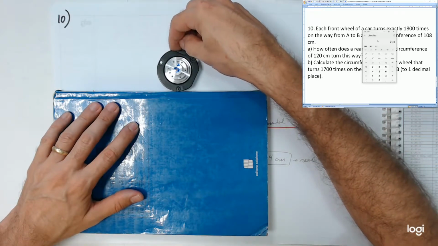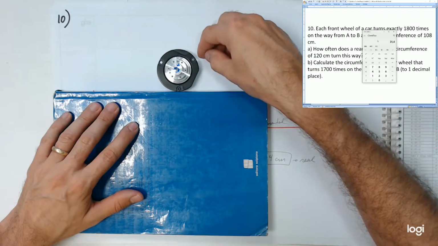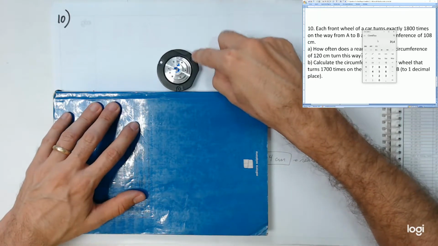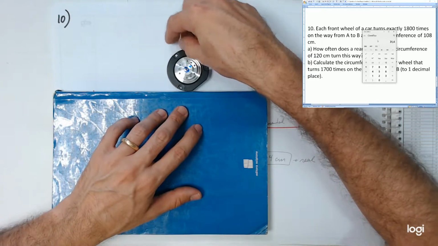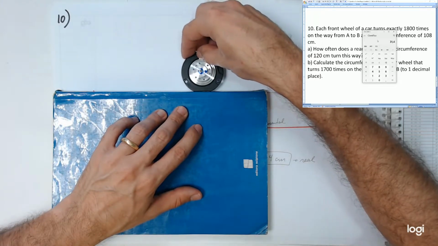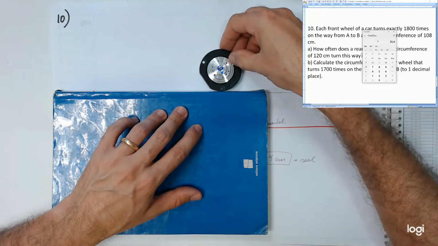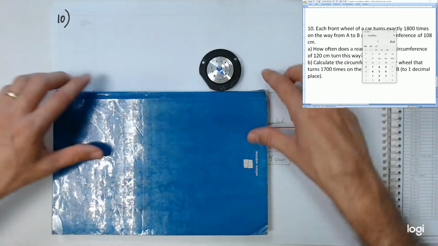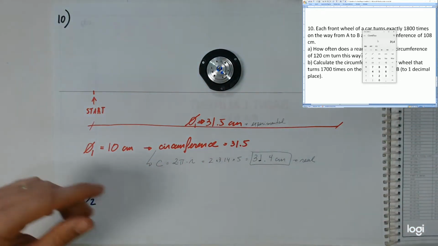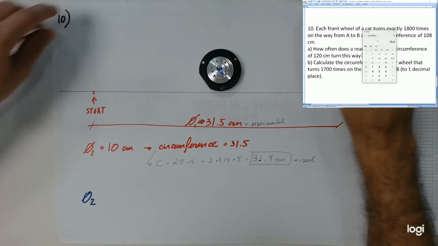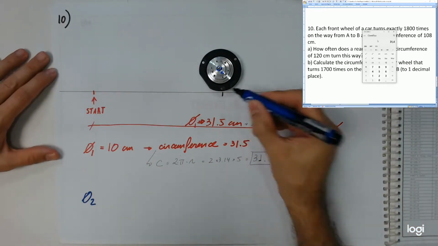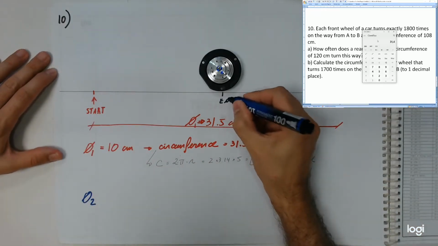It is this one. Oh, no, this one, right? It was this point in here. Yeah, something like this. It slipped a little bit, but let's see. And this is the end for this one.